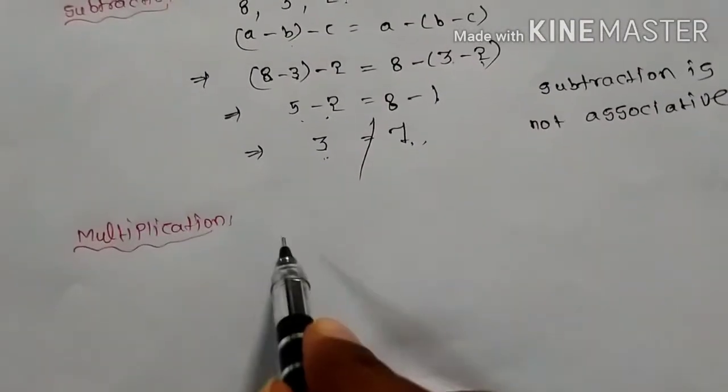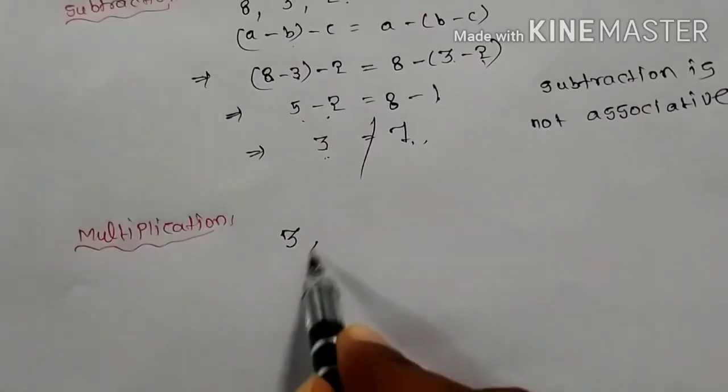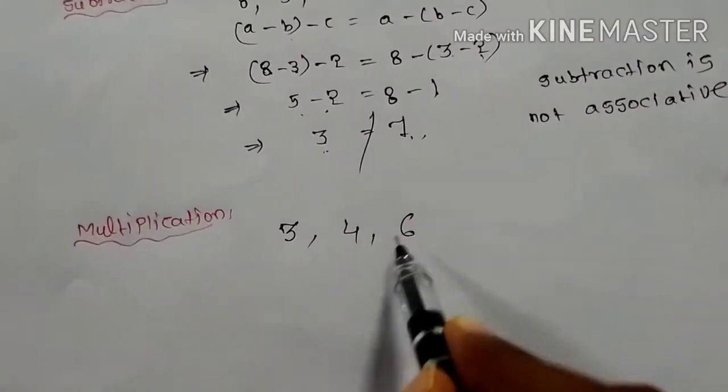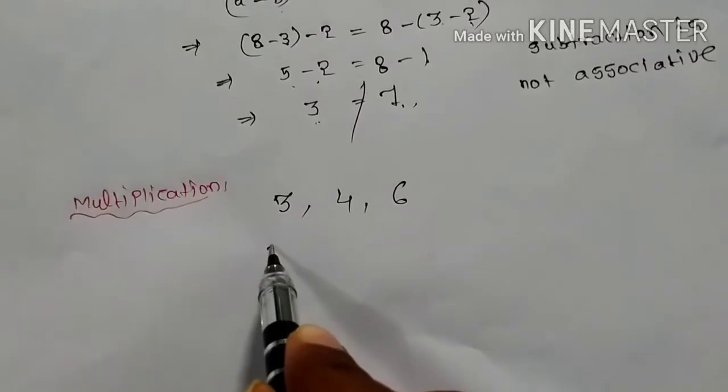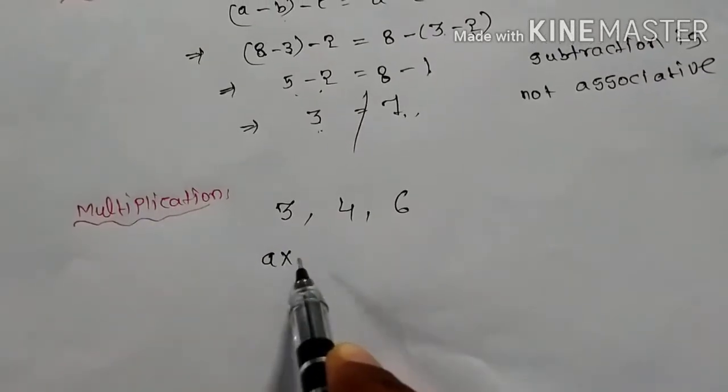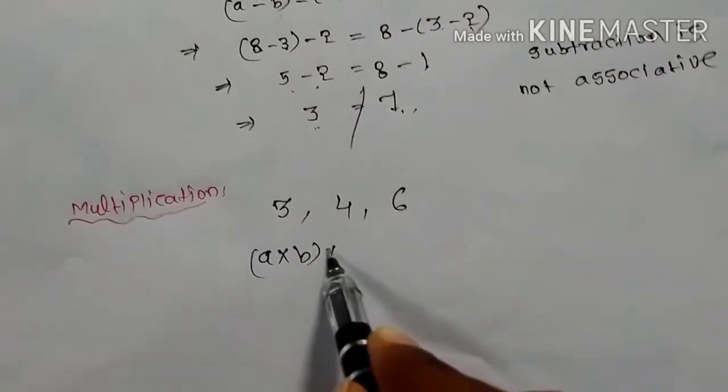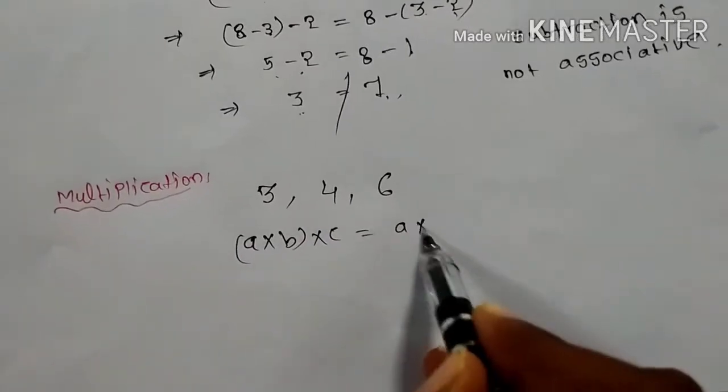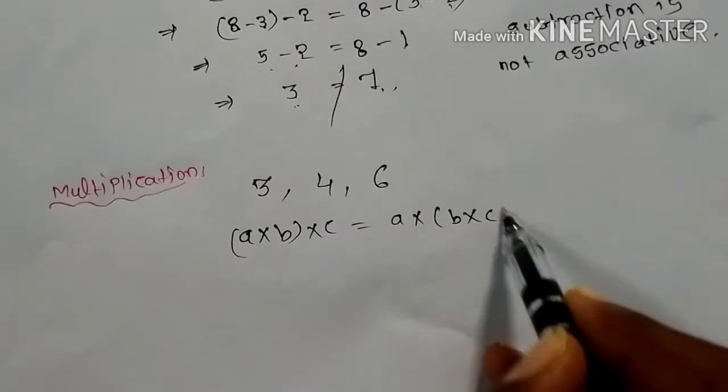In a similar way, you can see multiplication. If I take three numbers here, 3, 4, 6. You know the associative property formula: a into b into c is equal to a into of b into c.